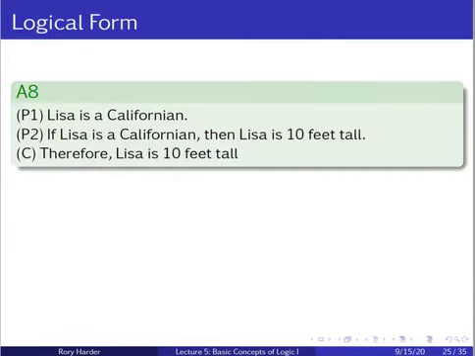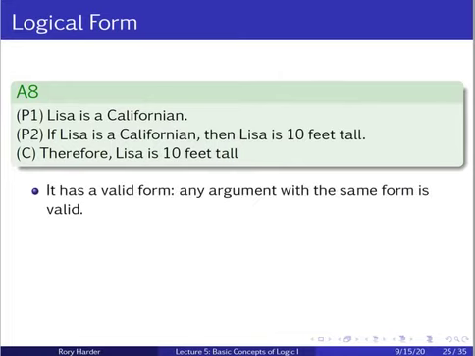So consider this argument here, which I've put again in standard form. Premise 1, Lisa is a Californian. Premise 2, if Lisa is a Californian, then Lisa is 10 feet tall. Conclusion, therefore, Lisa is 10 feet tall.